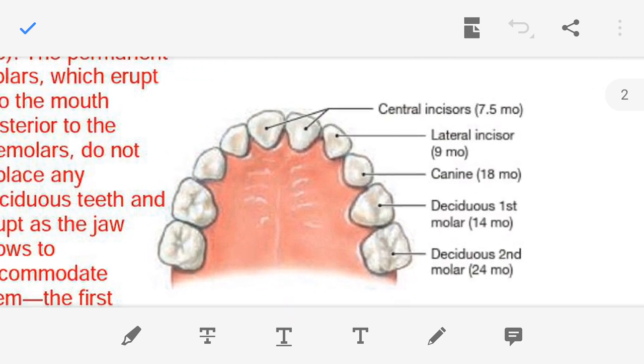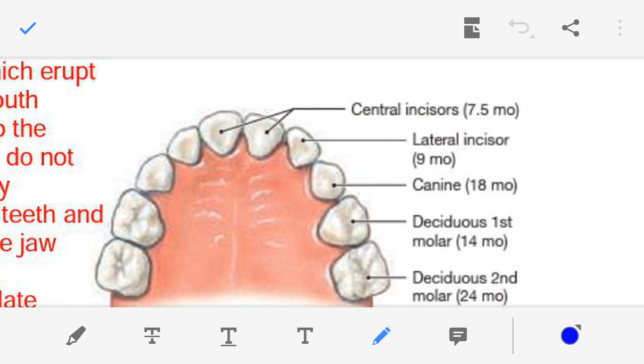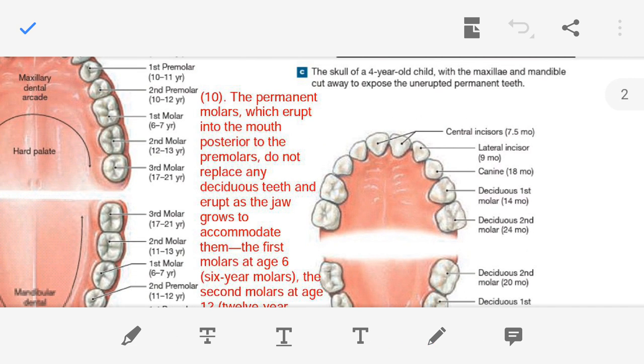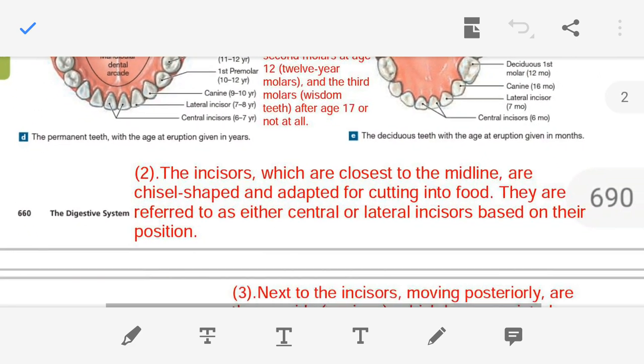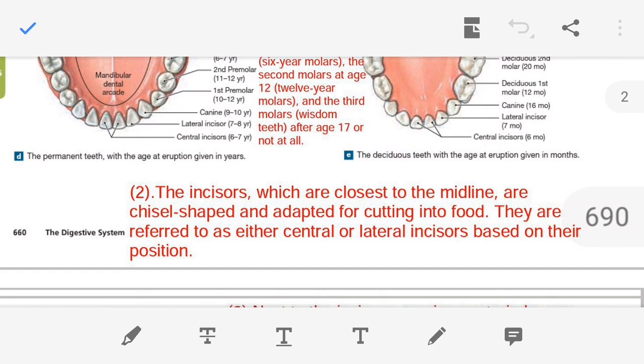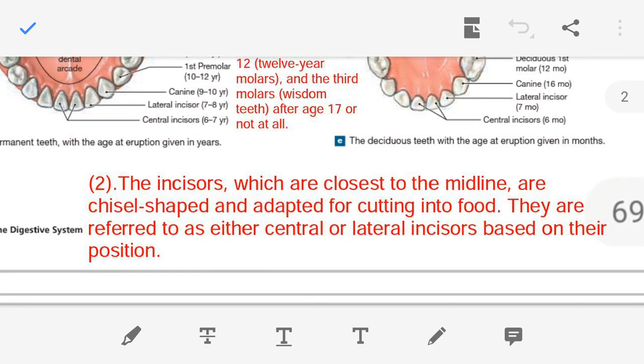The central incisors erupt at the age of 7.5 months. Lateral incisors erupt at the age of 9 months. So this is regarding the incisors.